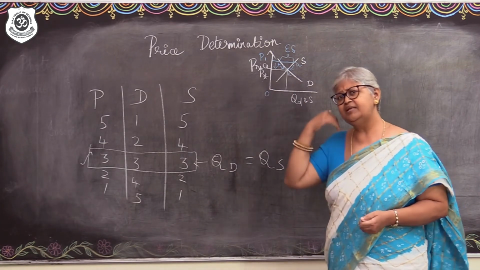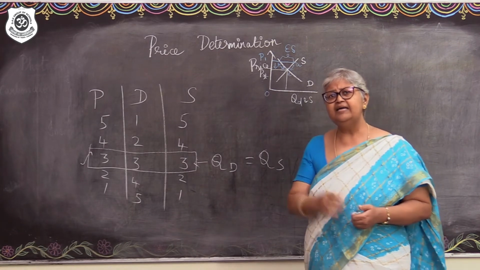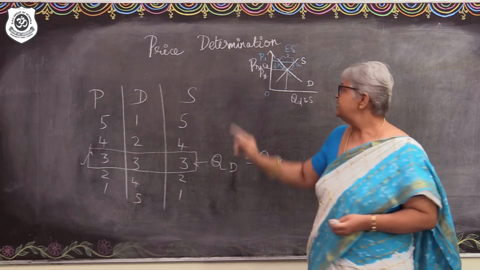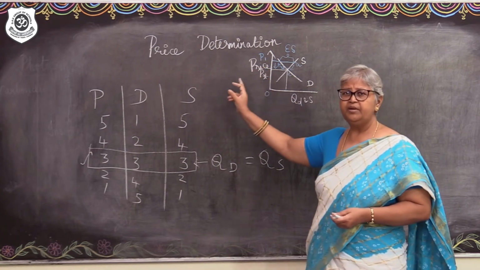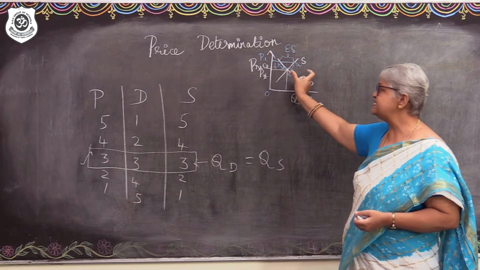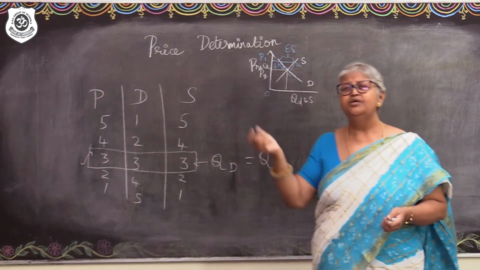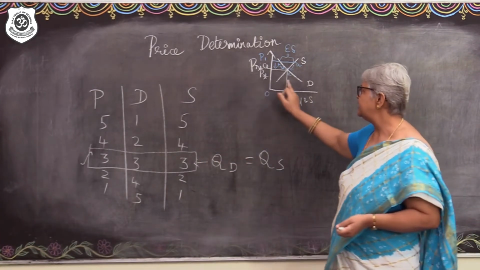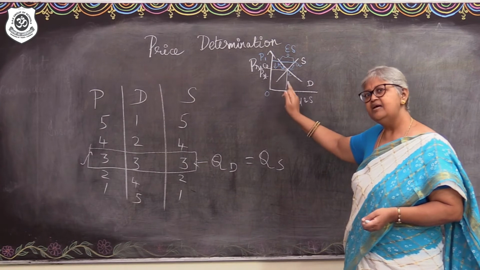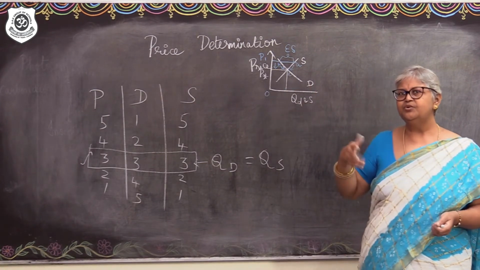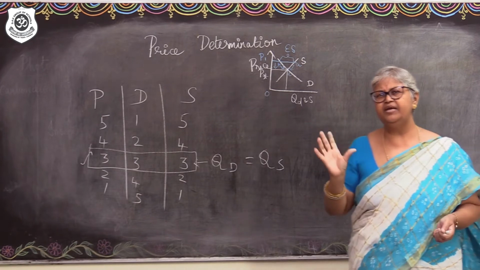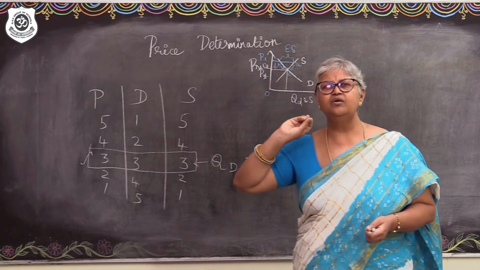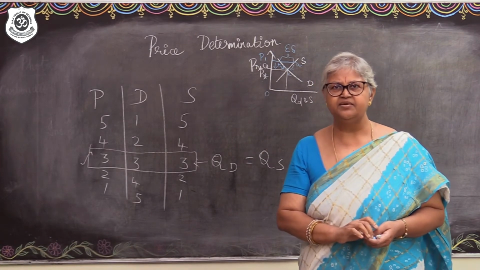So what is happening when the price is going to be higher than that of the equilibrium price? If the market price is going to be above the equilibrium price, there would be an excess supply and a chain reaction. So the market price will get back to the equilibrium at P star, and the equilibrium will be attained at E, right? So we see a chain reaction happening in case the market price is going to be much higher than that of the equilibrium price, right?